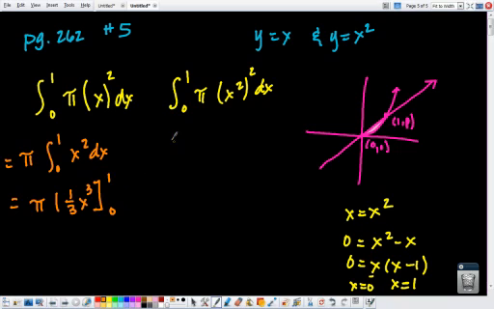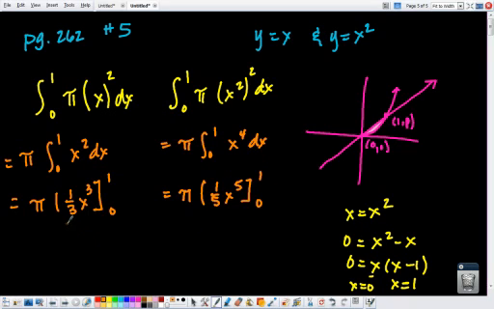And then here I can do the same thing, and if I simplify x squared squared to x to the 4th dx, I can integrate this and I end up with 1/5 x to the 5th, from 0 to 1 again.